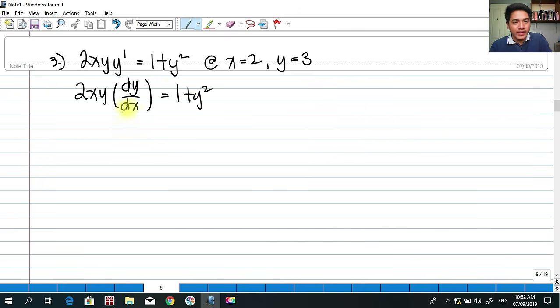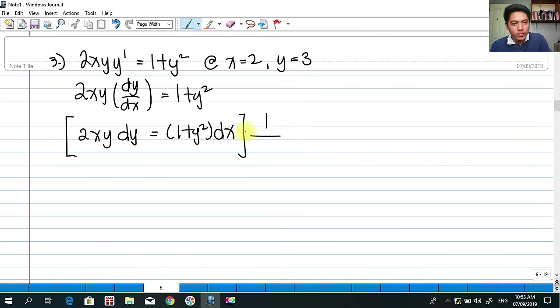If we cross multiply dx to both sides of our equation, we have 2xy dy equals 1 plus y squared dx. We need all terms of y in here and all terms of x in here. So if I divide both sides by 2x and by 1 plus y squared, I can cancel here.